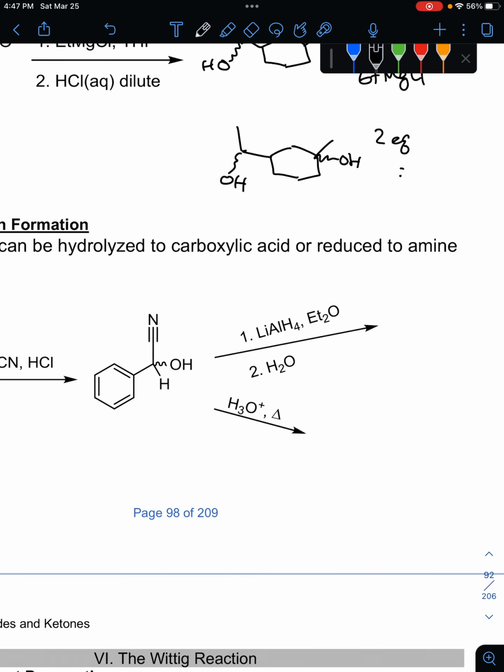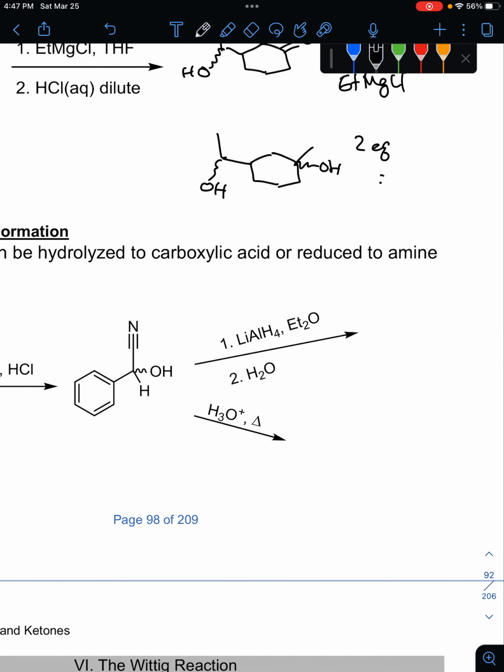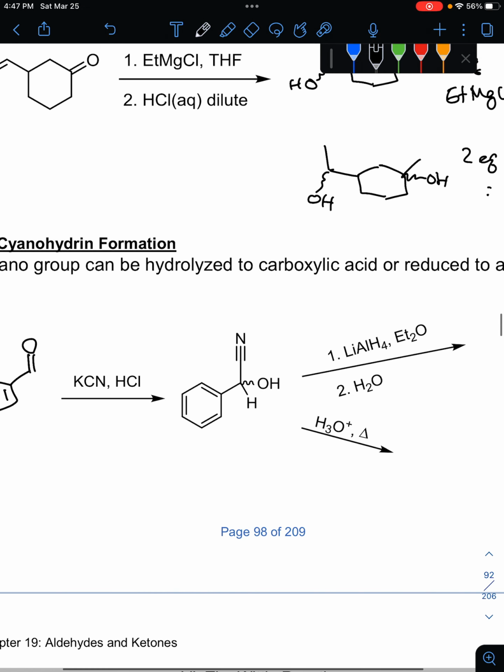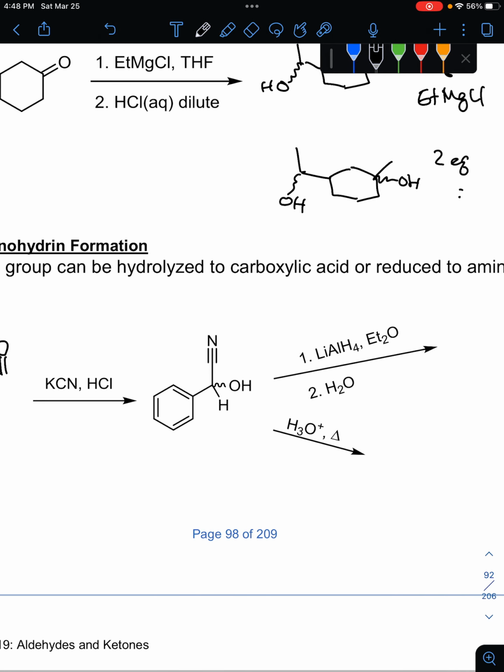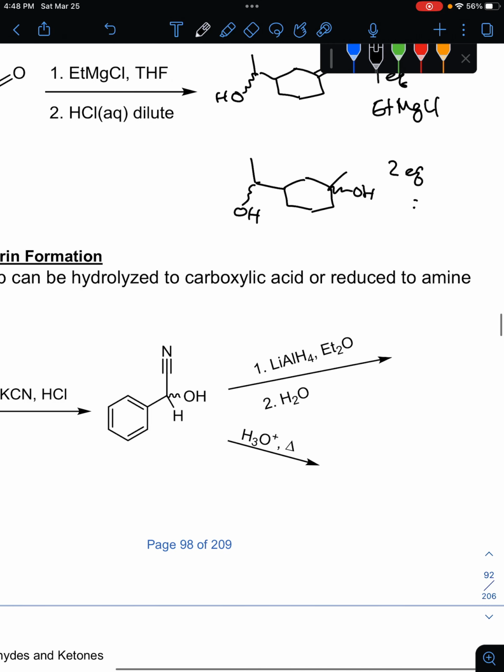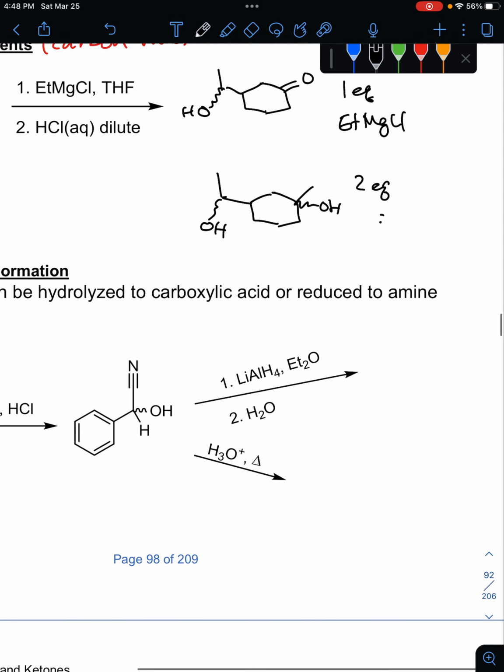But in this context, we're not just revisiting it. I just wanted to tell you that this is a very synthetically useful maneuver, because that cyano group is very useful, synthetically speaking. You can reduce it to gain an amine, and we'll talk about the mechanism later and not here. So that's one thing that a nitrile or cyano group could do. Another thing that it could do is hydrolyze and eventually become a carboxylic acid.